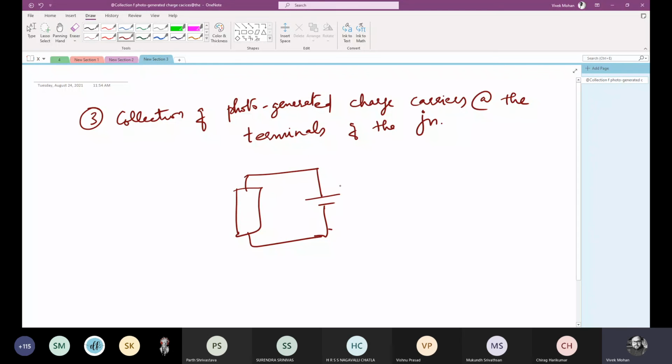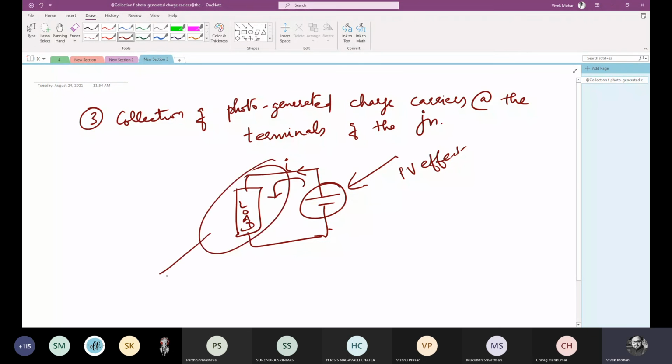This potential difference is created because of the photovoltaic effect, the PV effect, and this is the load. Because of this potential difference, we drive a current through the external circuit. It can be a load or it can be another, bigger circuit. So the chemical energy of the electron hole pairs is finally converted to electrical energy.